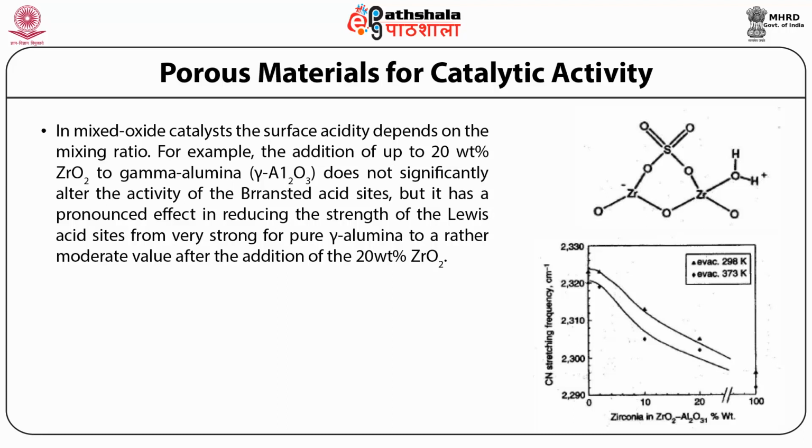In mixed oxide catalysts, the surface acidity depends on the mixing ratio. For example, the addition of up to 20% of zirconia to a gamma alumina Al2O3 does not significantly alter the activity of Brønsted acid sites, but it has a pronounced effect in reducing the strength of Lewis acid sites, from very strong for pure gamma alumina to a rather moderate value after addition of 20% zirconia.